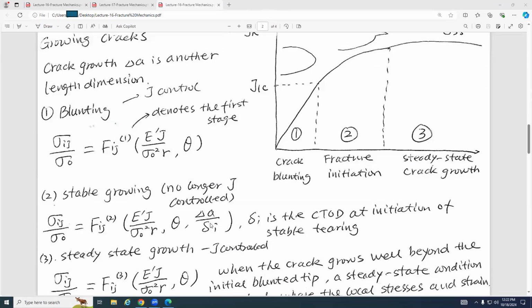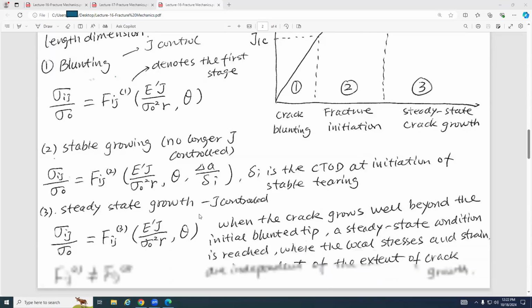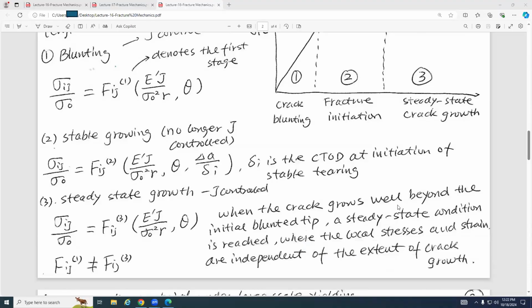The third term in this equation disappeared. When the crack grows well beyond the initial blunted tip, a steady state condition is reached, where the local stress and strain are independent of the extent of crack growth. That's the reason we don't have these terms.